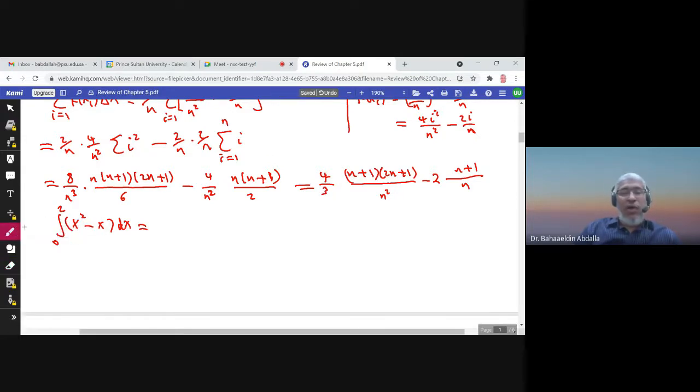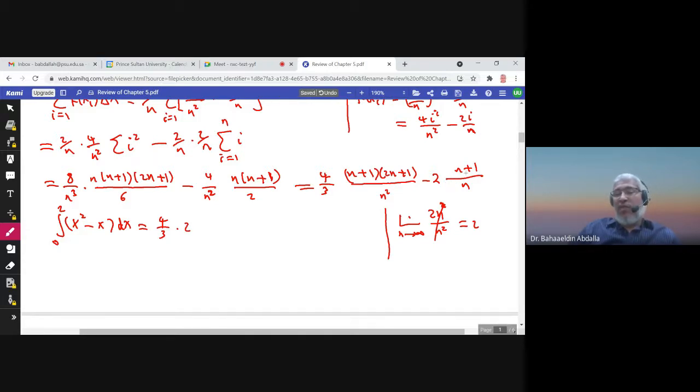Okay, so I have 4 over 3, and when I find the limit of this, when n goes to infinity, I will take the highest power in the numerator and the highest power in the denominator, and then the limit would be 2.